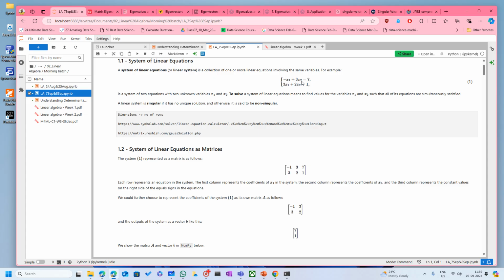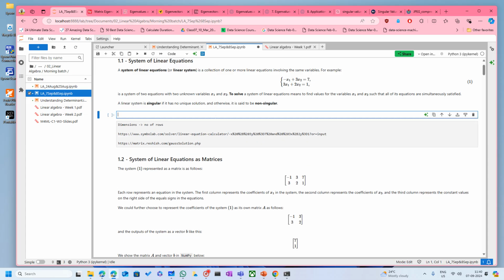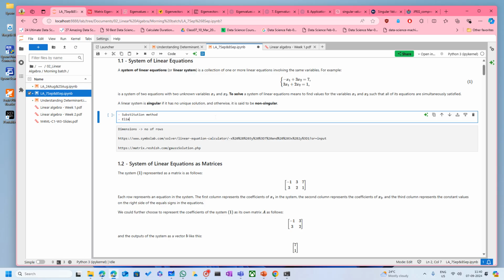Minus x1 plus 3x2 equals 7, 3x1 plus 2x2 equals 1. There are multiple ways to solve linear equations. One is the substitution method. Another one is the elimination method.